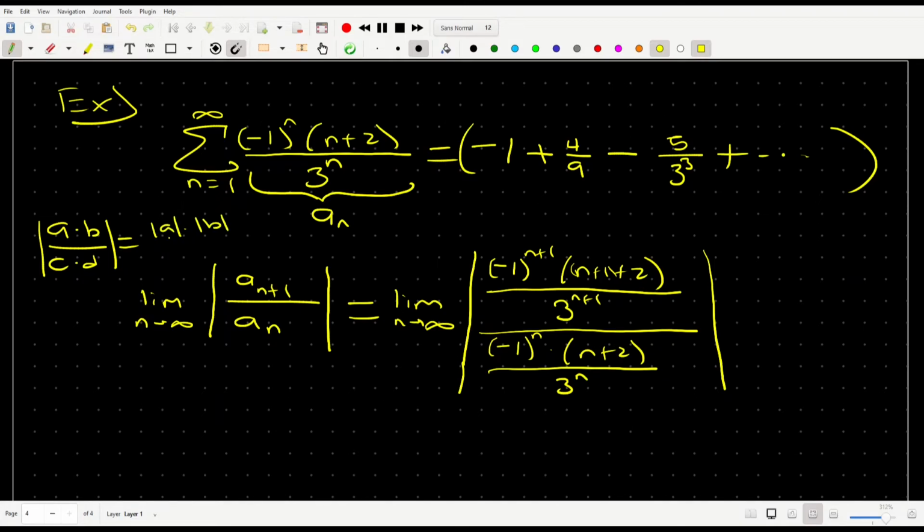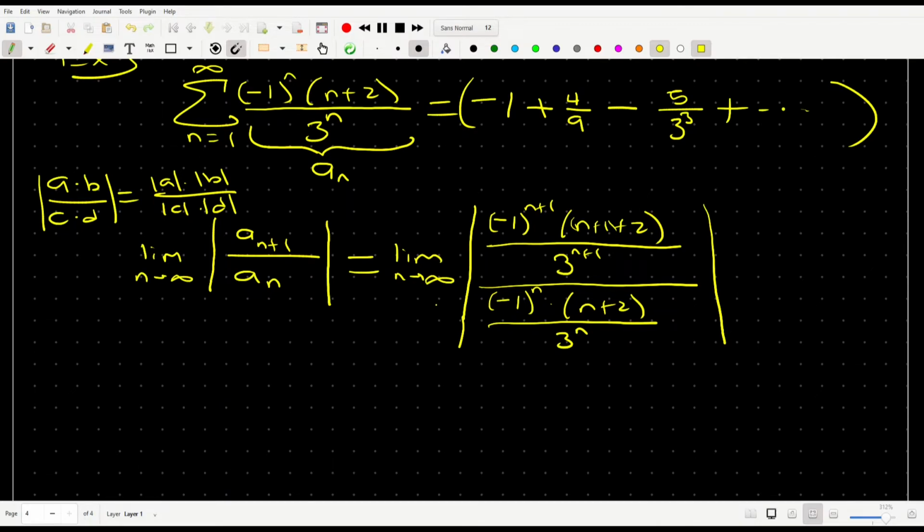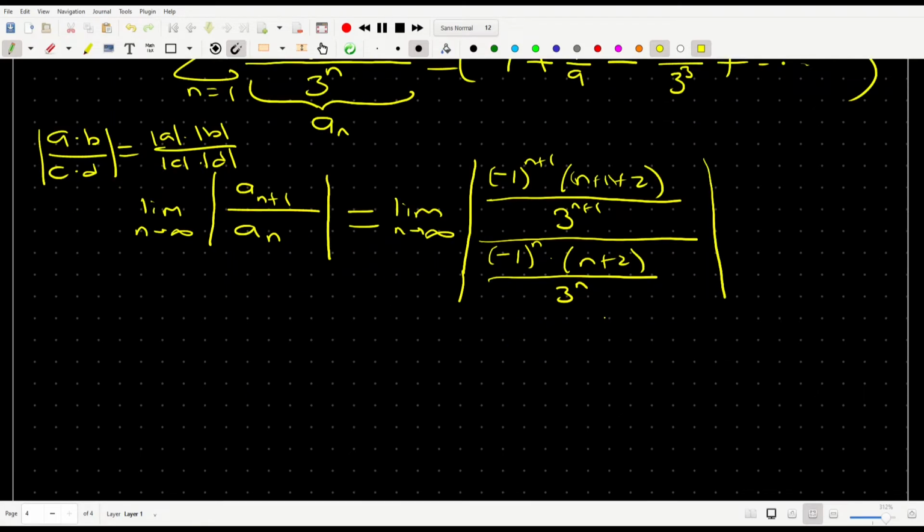And what that means is that we can take the absolute value of each one of these terms individually, and the negative 1 to the n plus 1 and negative 1 to the n terms are going to go away, because the absolute value of negative 1 to the n is 1. So these things go away directly because of that. And we can use some arithmetic to simplify the rest.